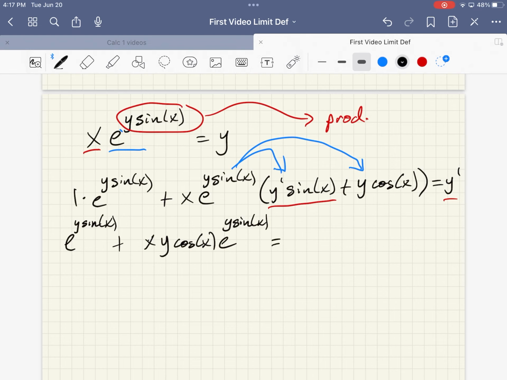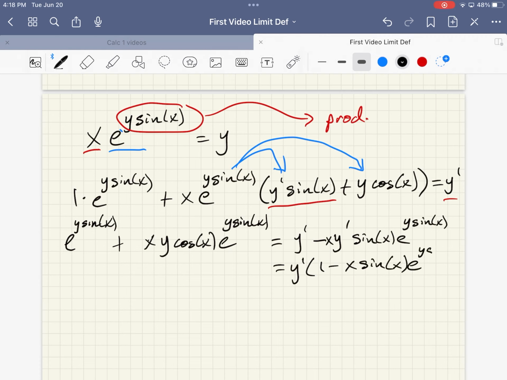So I'm going to have y prime minus, and this is going to be multiplied by there. So it'll be x y prime, sorry, sine of x e to the y sine of x. Now I factor out the y prime here, and I get 1 minus x sine of x e to the y sine of x.